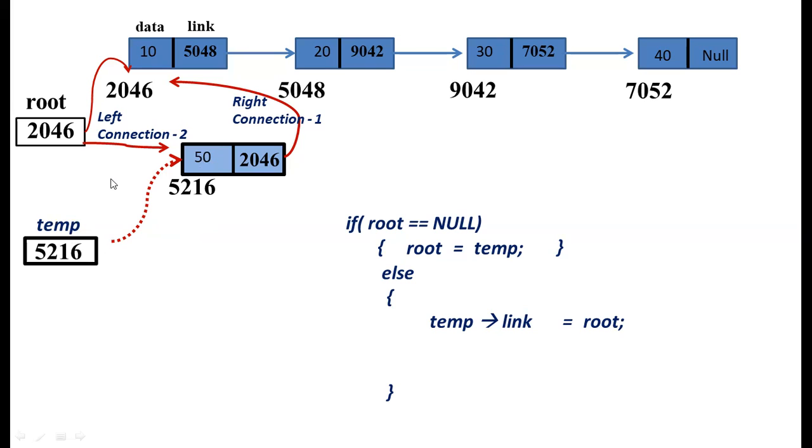Directly we write root is equal to temp. So the temp value we are assigning into root. This is the left side connection. Here the connections are very, very important. So this is how to insert an element at the beginning of the linked list.